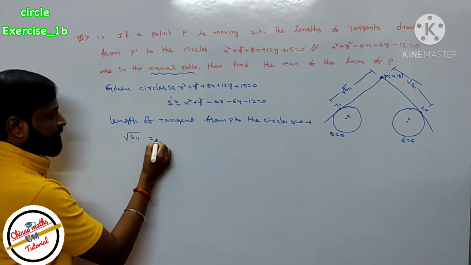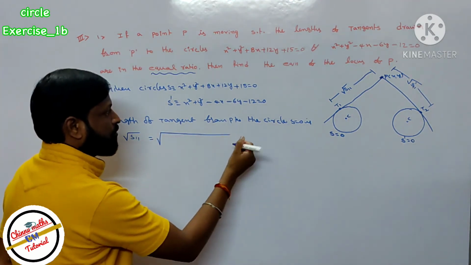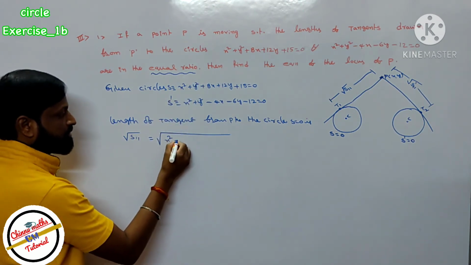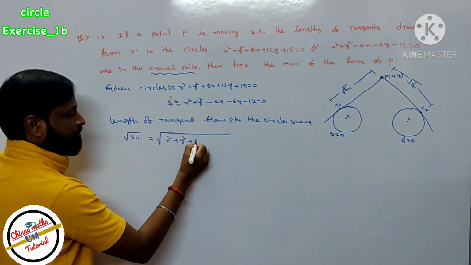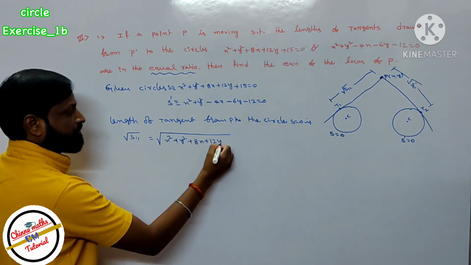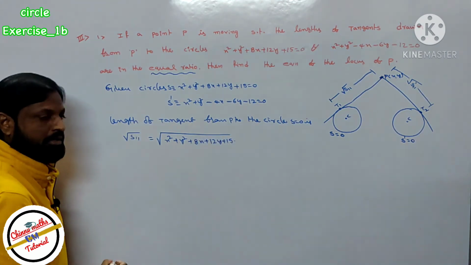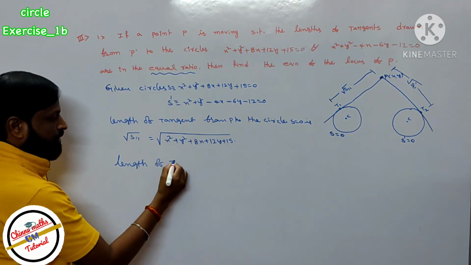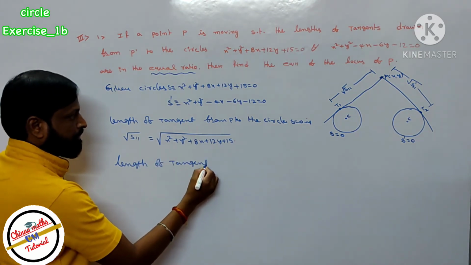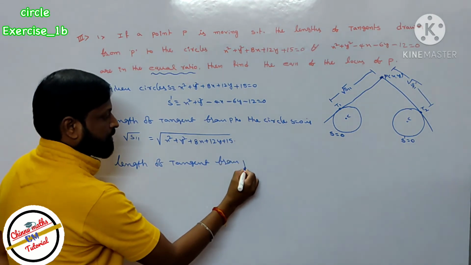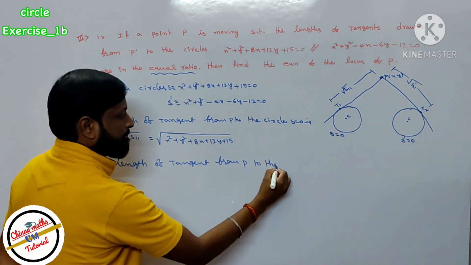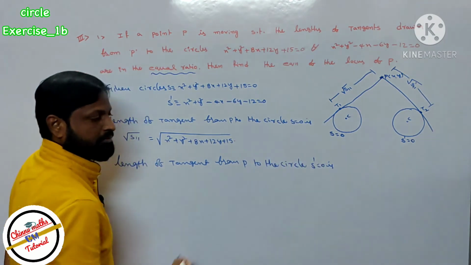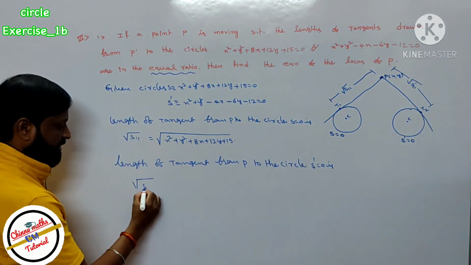What is root S11? It is equal to the root of the point P (x1, y1) substituted in the first circle. So then you will get x square plus y square plus 8x plus 12y plus 15. Clear. Next, the length of the tangent from P to the circle S dash equal to 0 is root S11 dash.